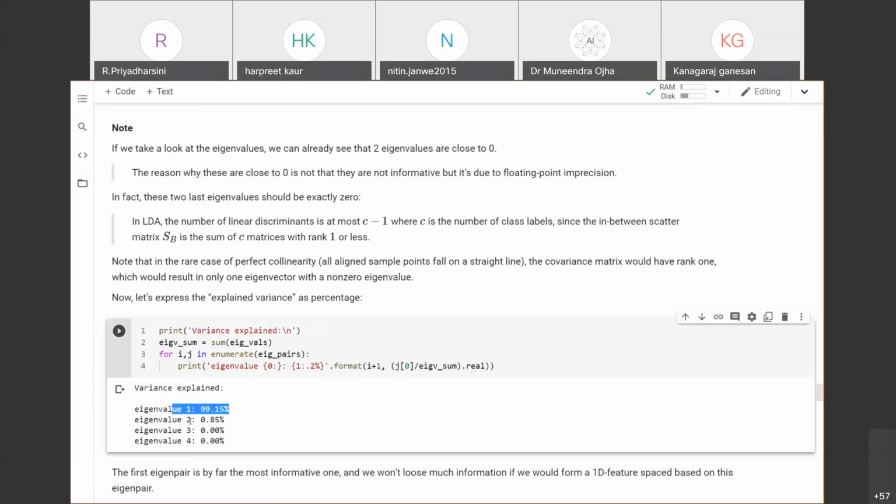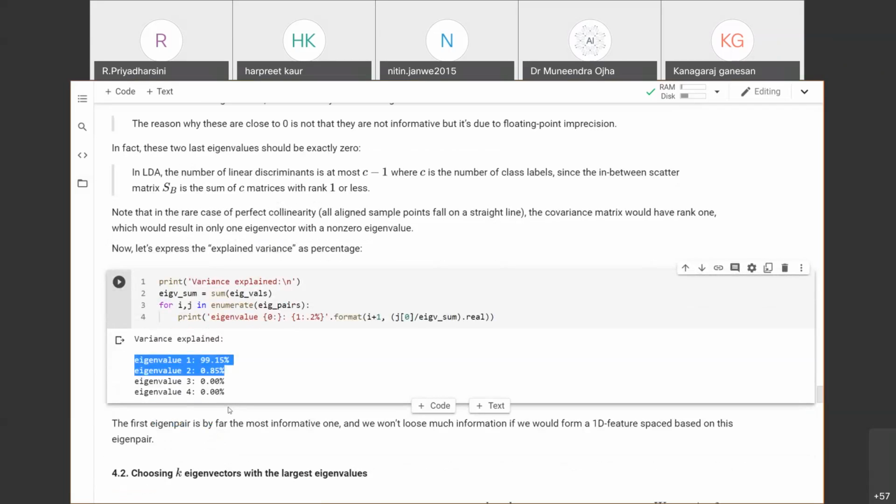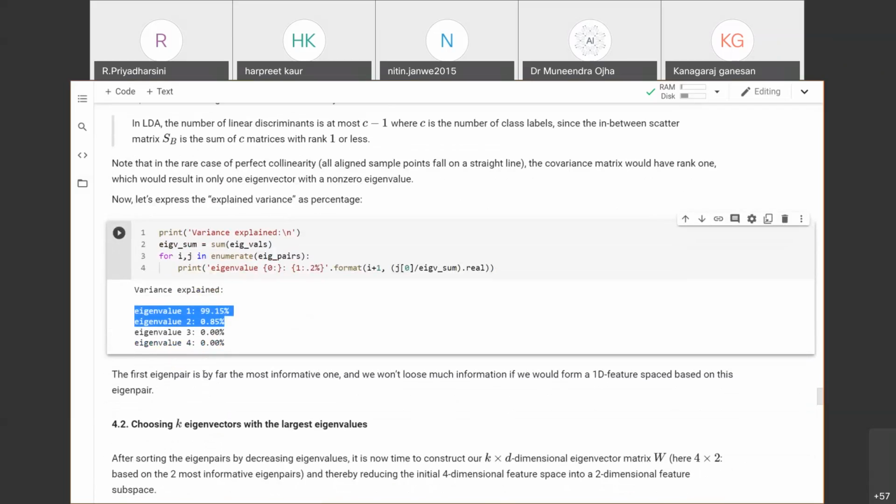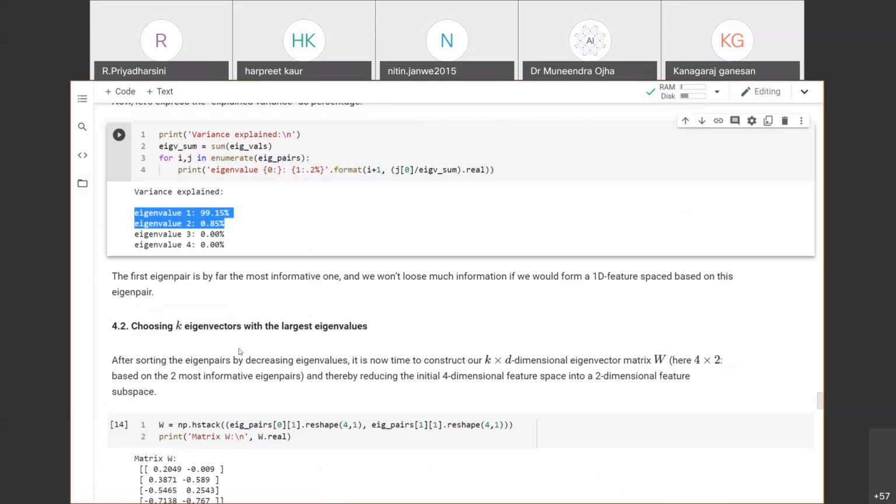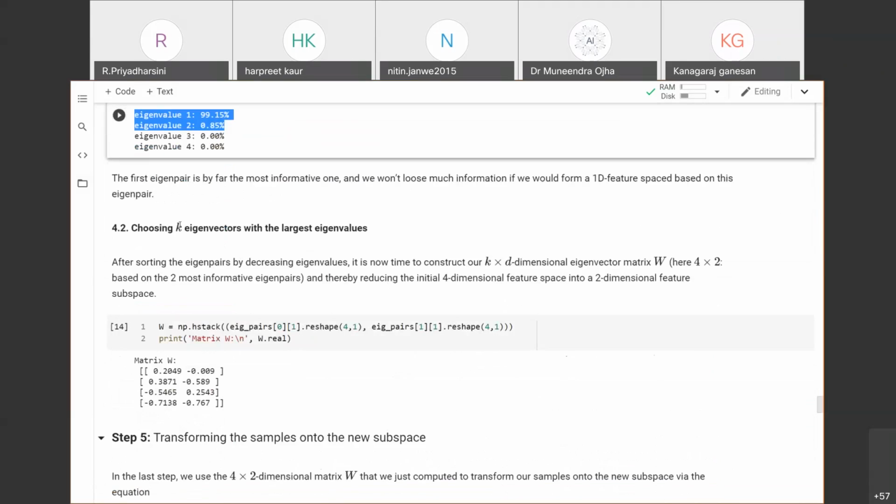The second one explains 0.85%. If we add the first and second, we get 100% variance explained. So we don't need to take any more features than the first two. The first eigenpair is by far the most informative one, and we won't lose any information if we choose k eigenvectors with the largest eigenvalues. We have decided that our k is going to be 2.